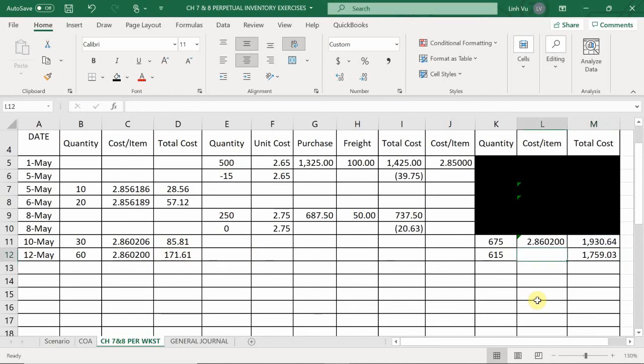Okay. Which then should bring me down to my new average cost per item to be now more or less the same. Yes, all the way down to the very last 10,000th of a penny.